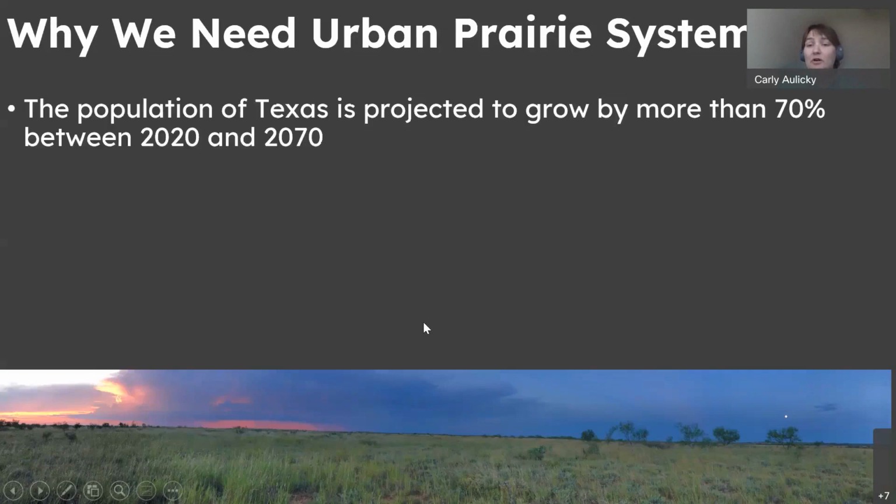Texas is projected to grow in population size. Depending on where you go for your source, that number wiggles a bit, but the consensus is we're going to have a lot more people in the state very quickly for the foreseeable future. And if we cannot stop development, it's important to work with it and to preserve as much of the natural system and ecosystem function as we can.